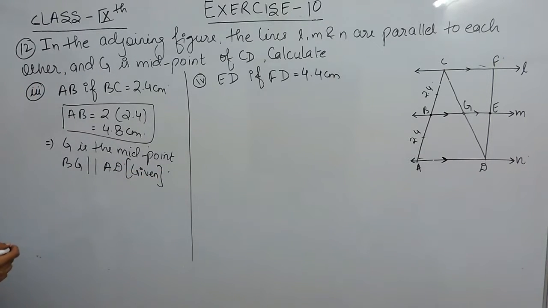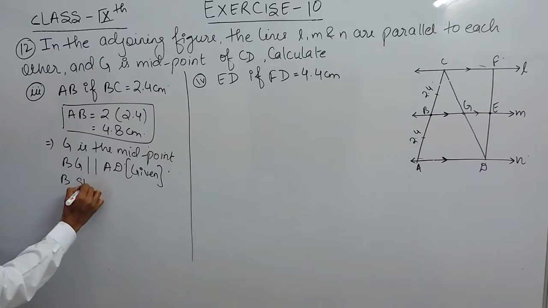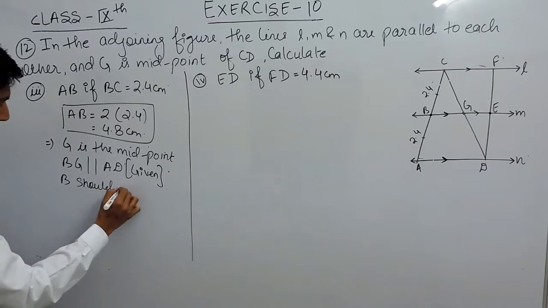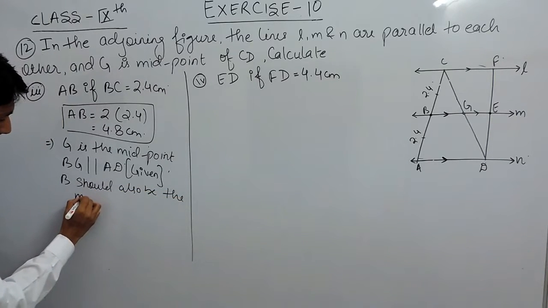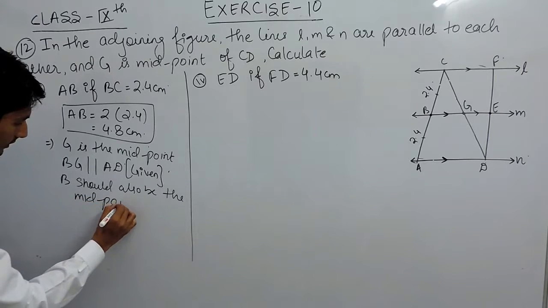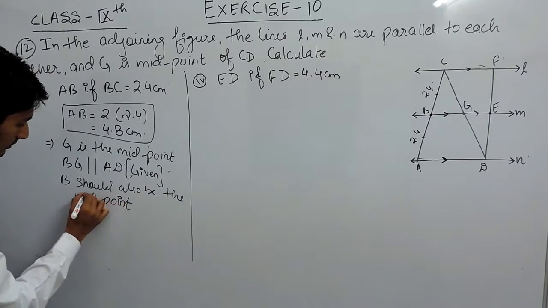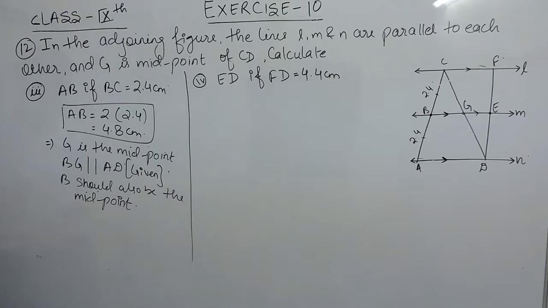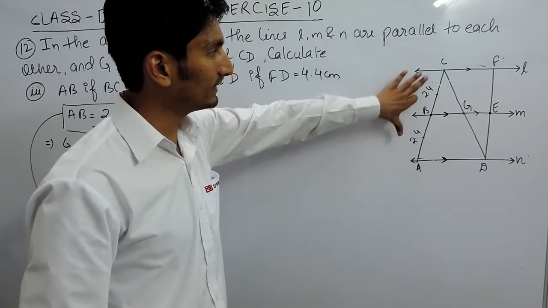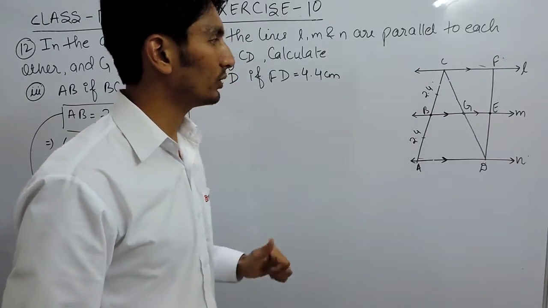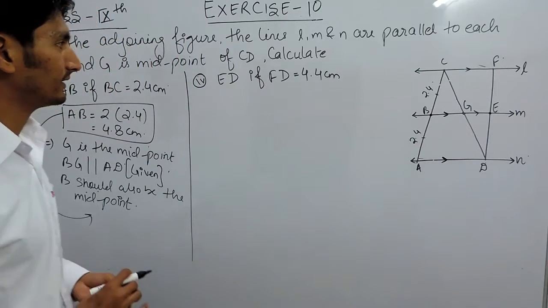So according to midpoint theorem, B should also be the midpoint. So if B is the midpoint of side AC, then you can write that these two parts must be equal and the value of this whole must be equal to 4.8.